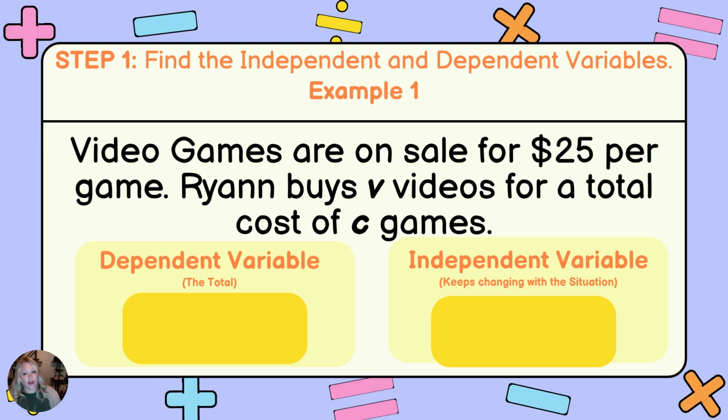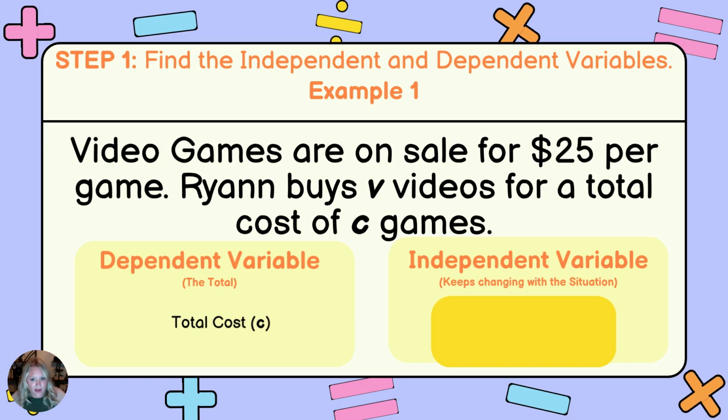It will be all by itself on one side of the equation, and then the independent variable, along with some other numbers, will be on the other side of the equal sign, which we'll be looking at shortly. So the dependent variable is the total cost in this example.